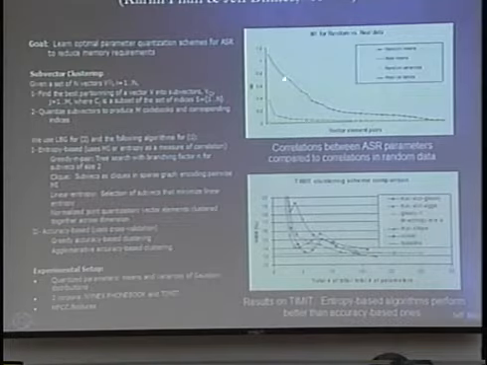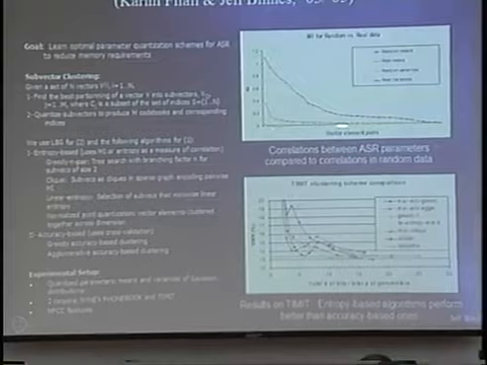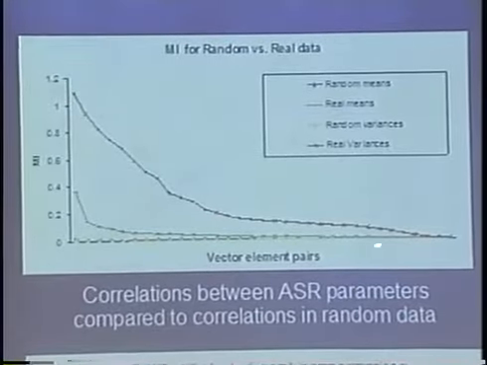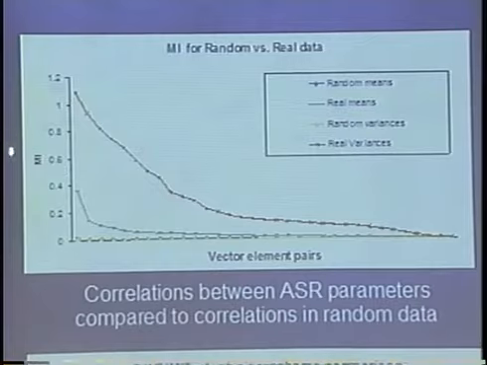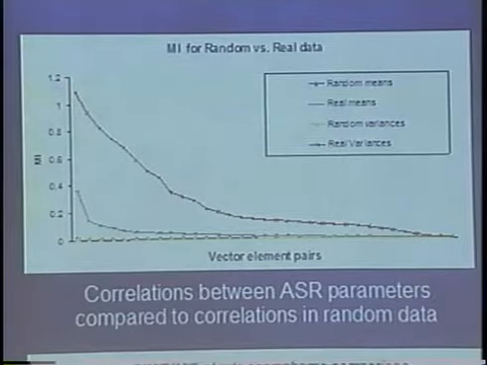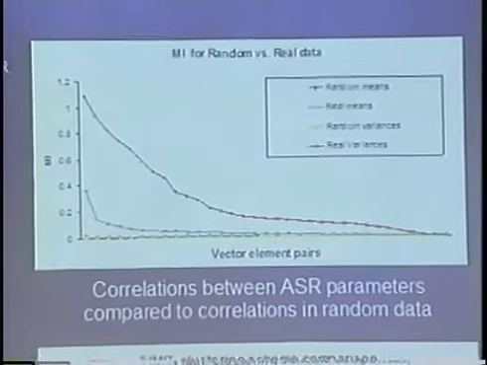These are the variance parameters, and these are the mean parameters of the speech recognition system. And these are the same if we were to just look at random vectors of means and variances. And so you can see that in the random case there's no correlation. The correlation in this case is measured in mutual information, so it's in units of bits. So as the mutual information increases, there's more correlation, and so therefore we should be able to quantize better.